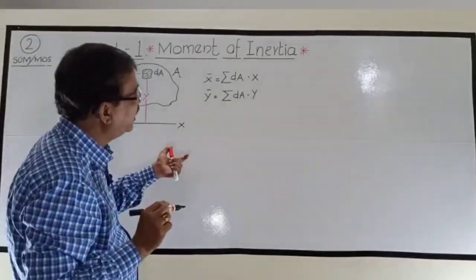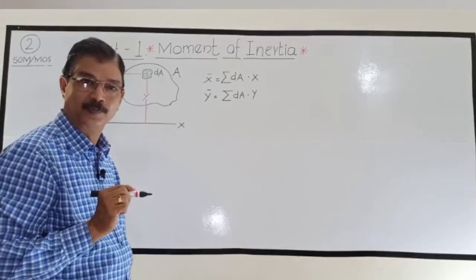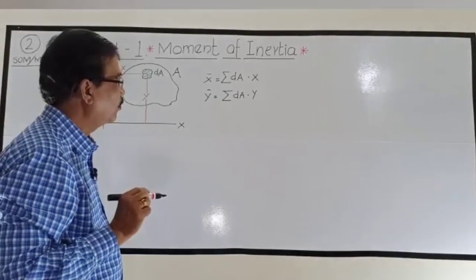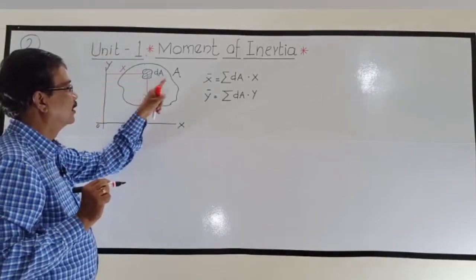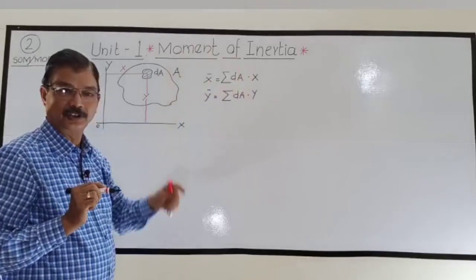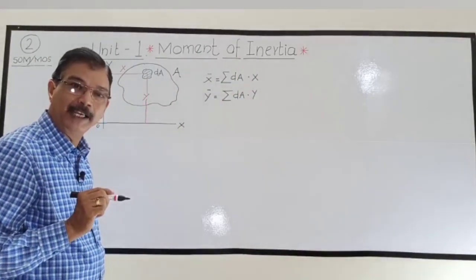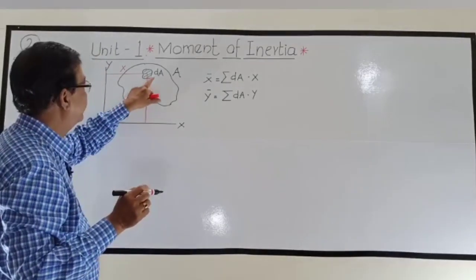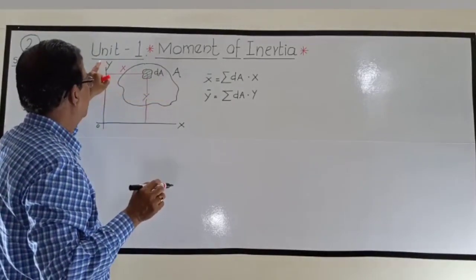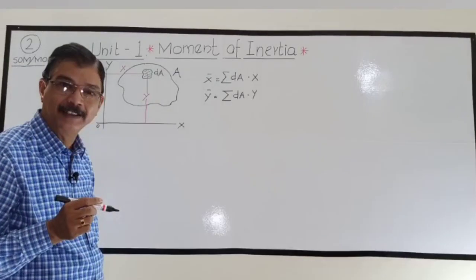Now if we again take the moment, that is, dA into x again, that will be the second moment of area about the reference axis y.